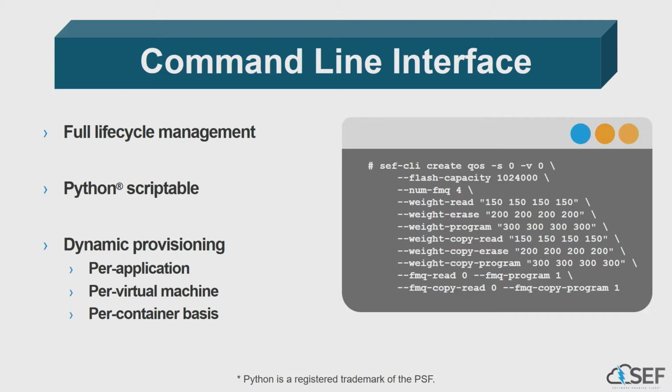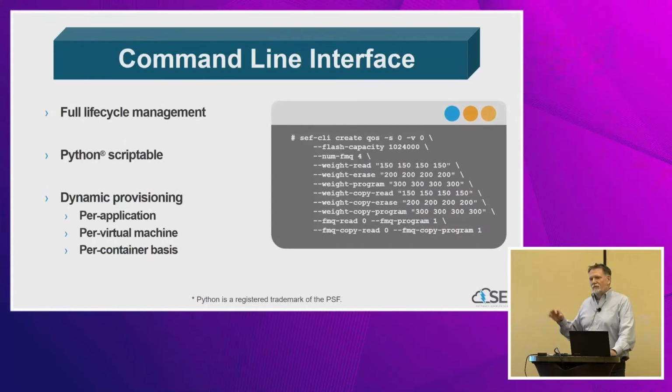There is within the API the ability to, on an I/O by I/O basis, override the defaults. So, if you have something that is an administrative task that's critical, you can override the default queue that it's going to be put on, and you can overwrite the default weights that are going to be used in scheduling that I/O. So extremely flexible and a high level of control over your I/O within the device itself.